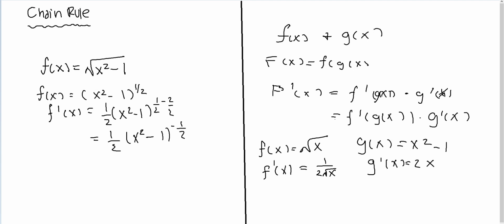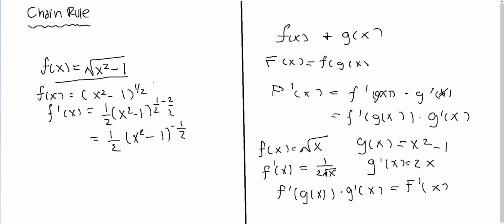Then we can multiply these two together when our g(x) is inside of our f, and we have our chain rule. So basically what we're saying is that f'(g(x)) times g'(x) is equal to the actual derivative of our original function.